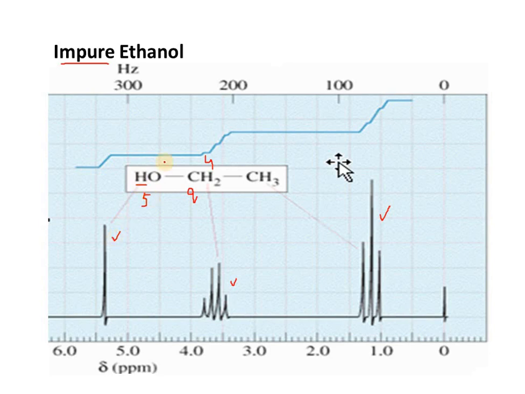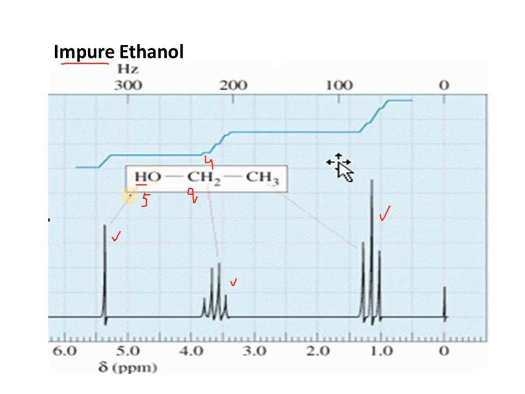Now these protons in the impure sample, due to acidic or basic medium, are exchangeable, and they change so fast that they do not interfere with the neighboring protons.